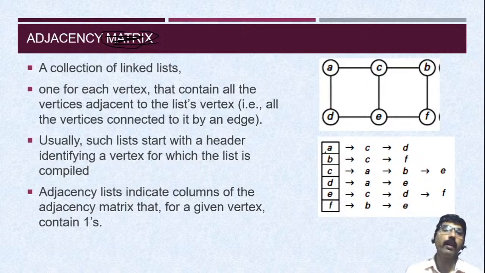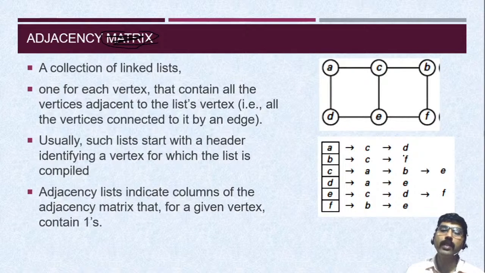The second method of representing a graph is called adjacency list. An adjacency list is actually a collection of linked lists. Each linked list here represents one vertex. For example, see, this linked list actually represents A.